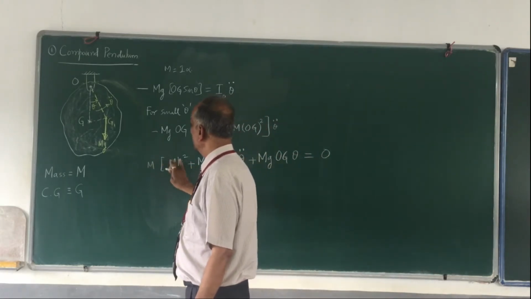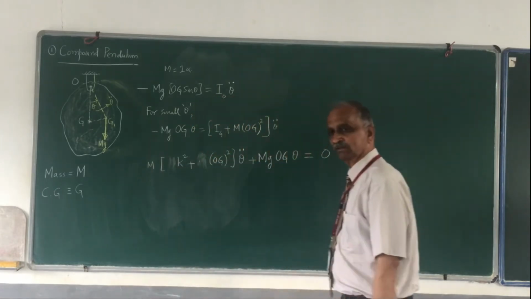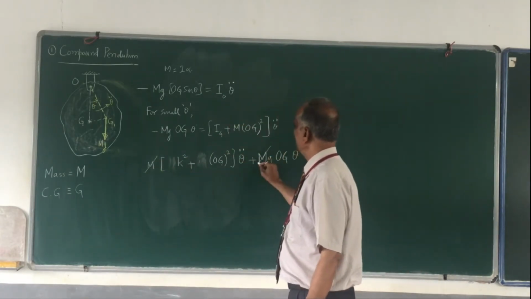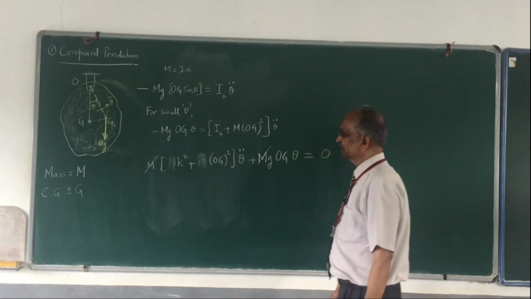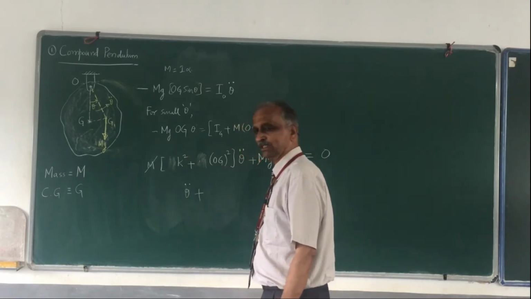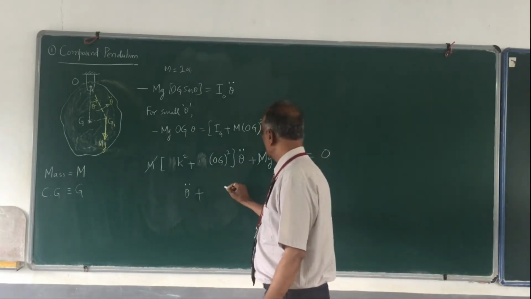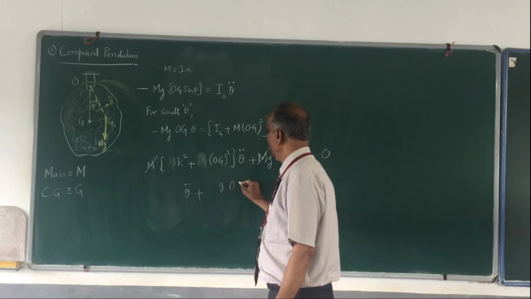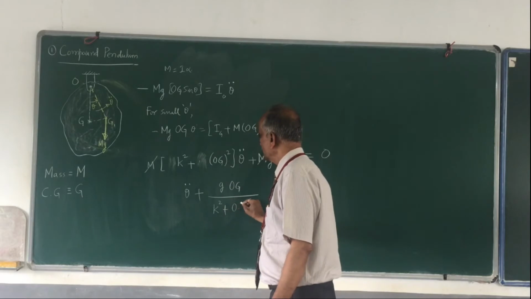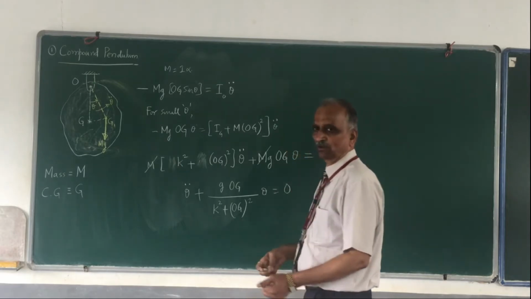Let me rewrite this. I can divide throughout by m and cancel it. Now I can rewrite it so that the coefficient of theta double dot is equal to 1. In that case, theta double dot plus g into OG divided by k square plus OG square, multiplied by theta, is equal to 0.